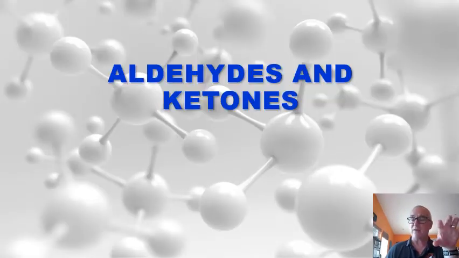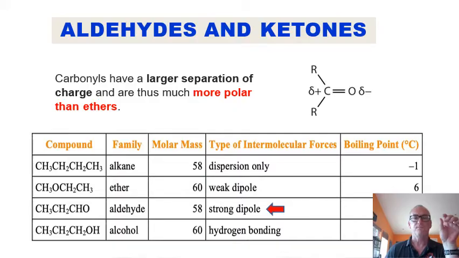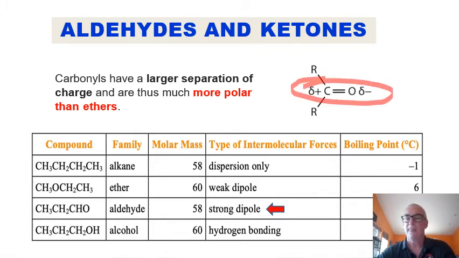So let's look at aldehydes and ketones. Those have carbonyl groups in them, where ethers don't. Why carbonyls are so much more reactive and so much more polar is because they have this big separation in charge. They have the carbon-oxygen double bond.